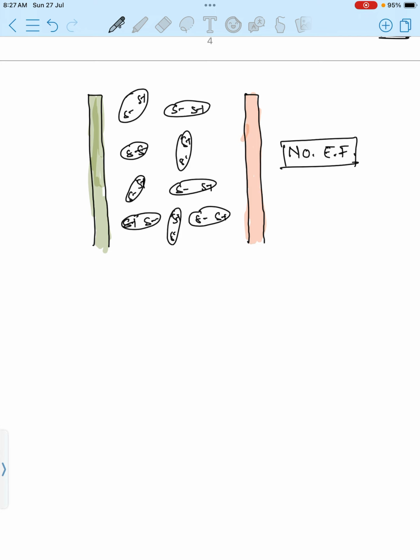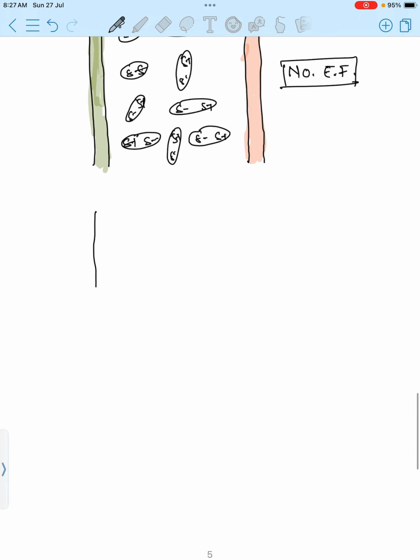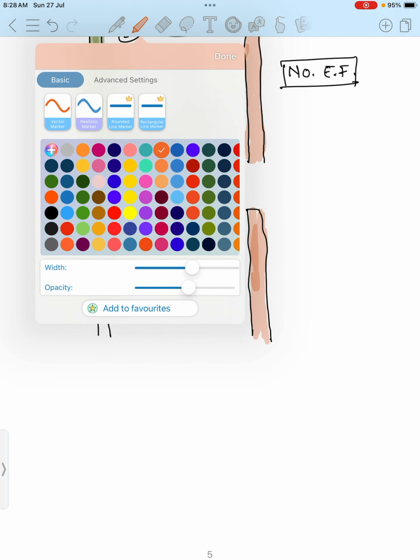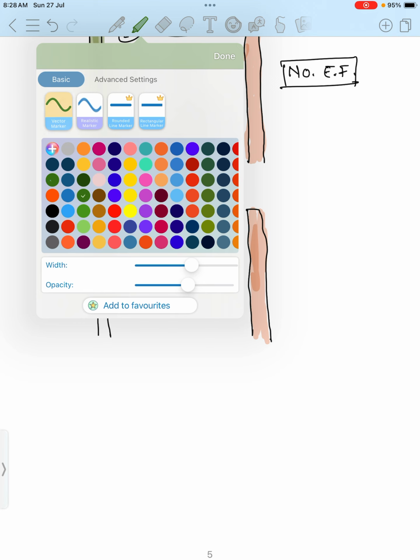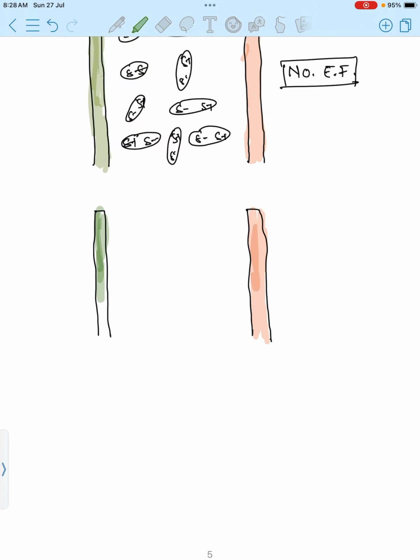What would the situation be? The situation would be very much different. Let us say after connecting with the battery, this is positive in nature and this is negative in nature. That means here a positive electric field, here a negative electric field will be there.